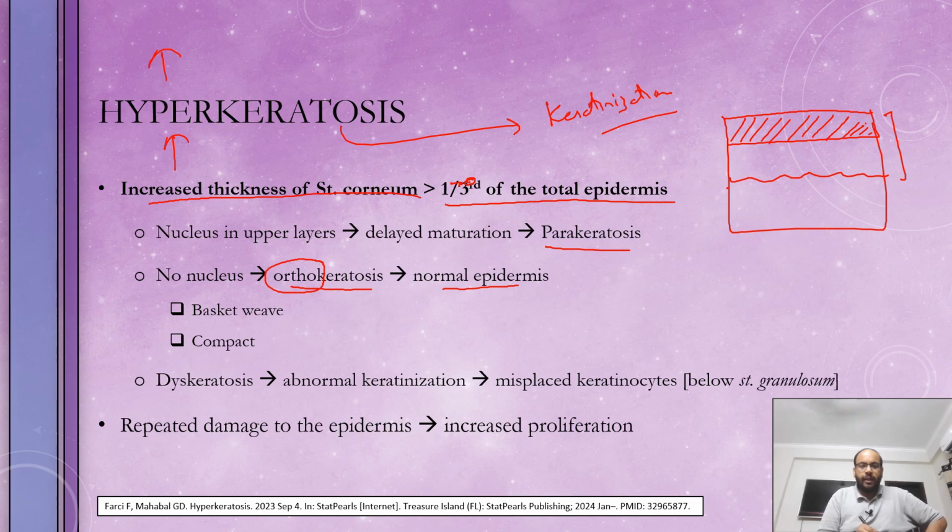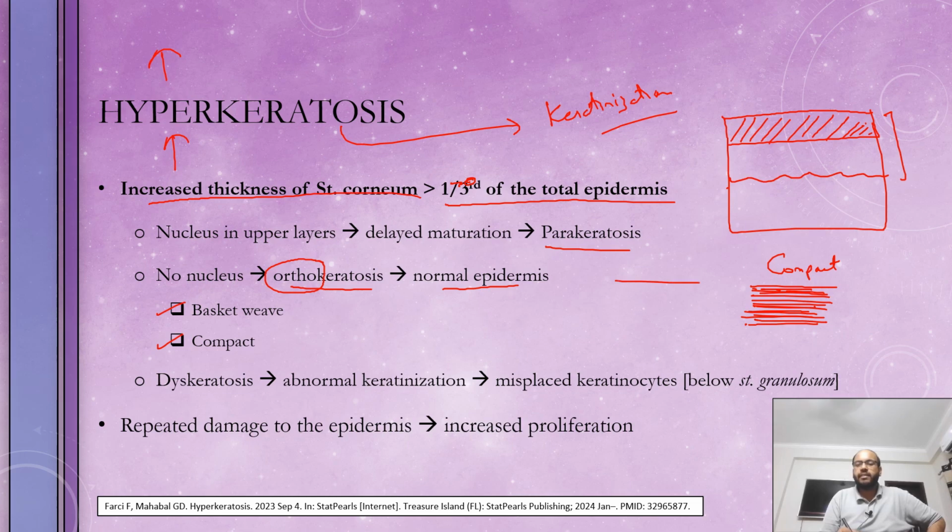Okay. Now, orthokeratosis are described into two types, basket weave and compact. So what actually happens is in compact orthokeratosis, you have a thickening of the stratum corneum, but the cells are very closely packed together. The layers are closely packed together, and this is known as compact hyperkeratosis.